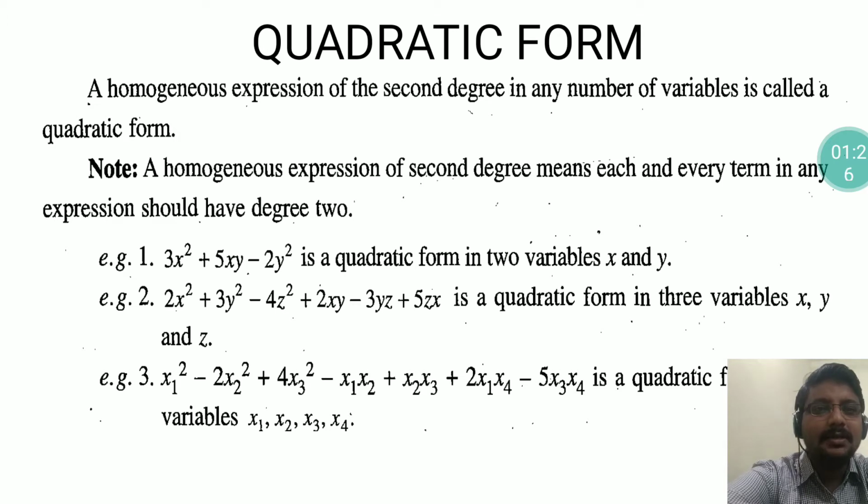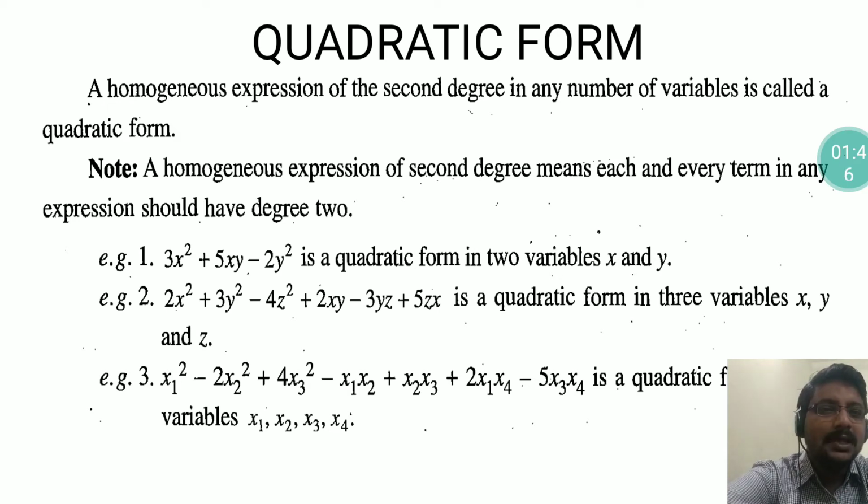Another example, 2x² + 3y² − 4z² + 2xy − 3yz + 5zx. Here in this example we are using three variables, that is x, y, z.